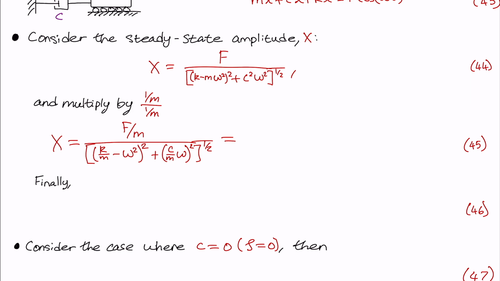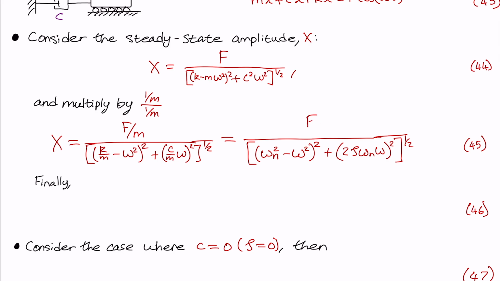We can then rewrite this as a fraction. Here we're going to have the denominator omega n squared minus omega squared, quantity squared, plus 2 zeta omega n omega, quantity squared, all of that to the 1/2, still F over m.